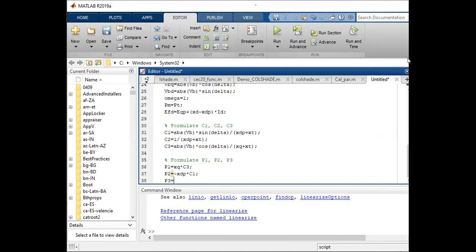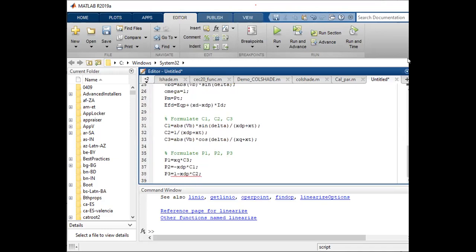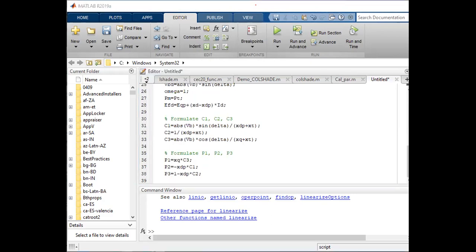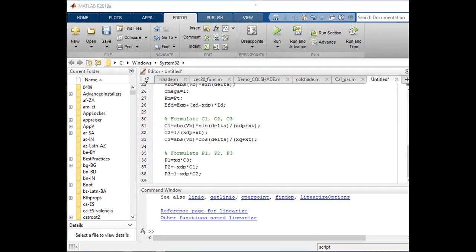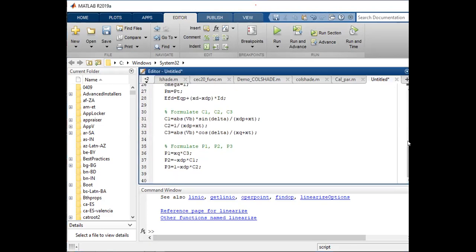P3 is found as 1 minus X'd C2. So this is about P1, P2, and P3. That is done. Then we can go on and formulate our K3 parameter. So now formulate K3.